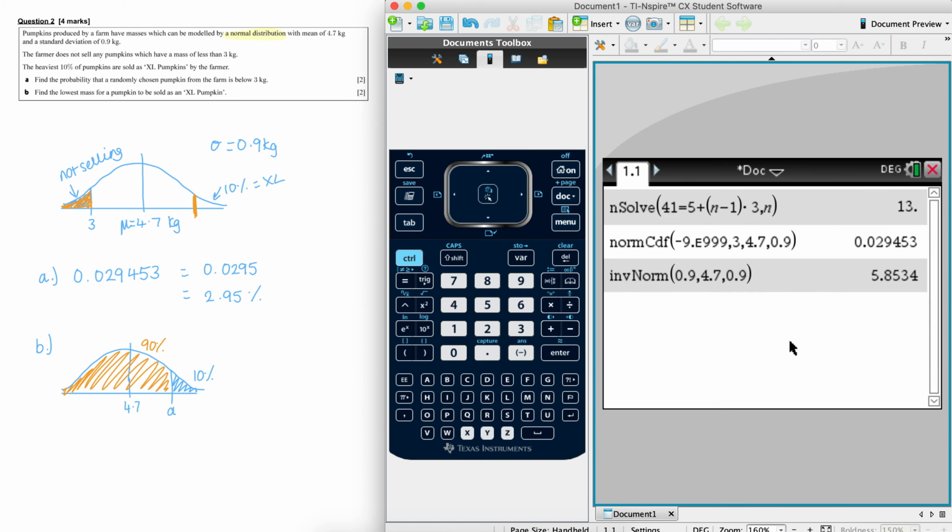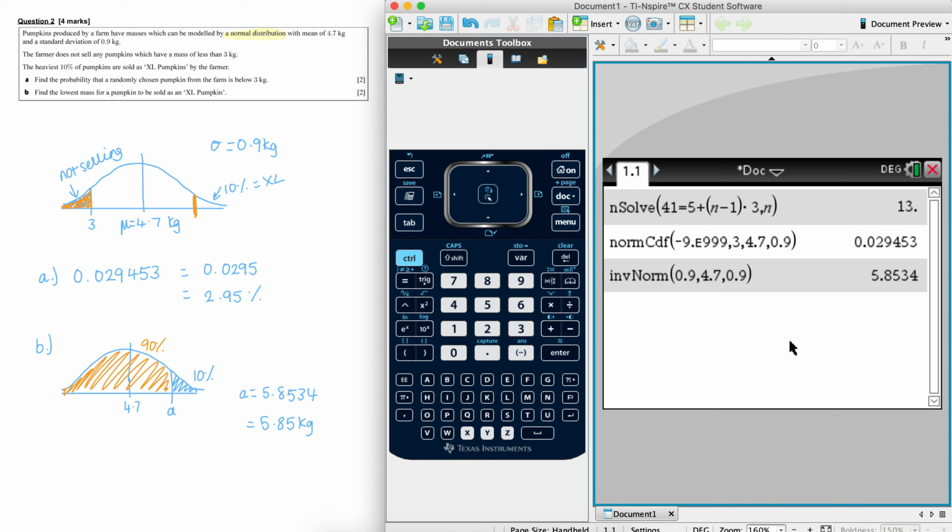And that tells me that the A value here is equal to 5.8534, or to 3 significant figures, 5.85 kilograms. Okay, so that's the value of A. And again, that working is shown with the diagram.